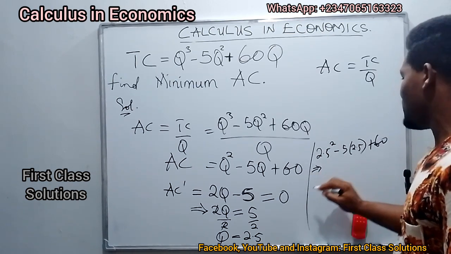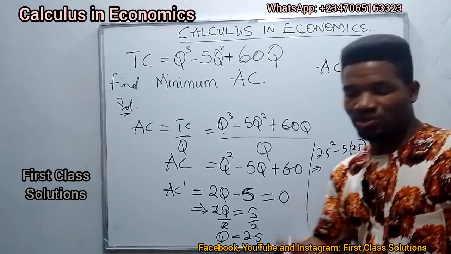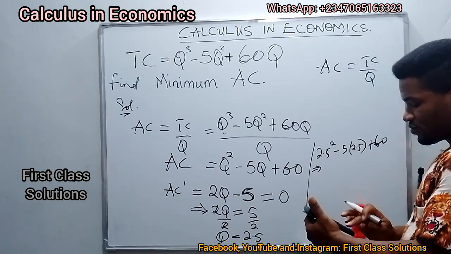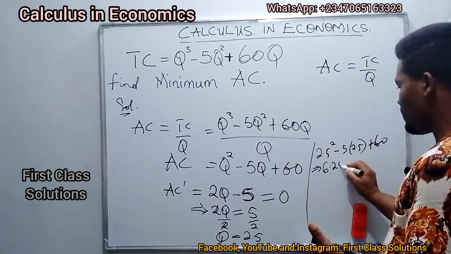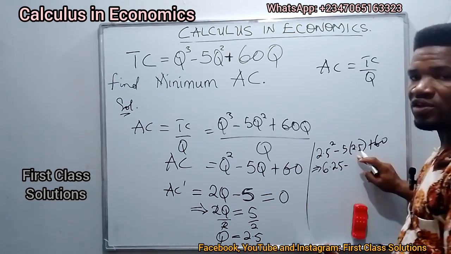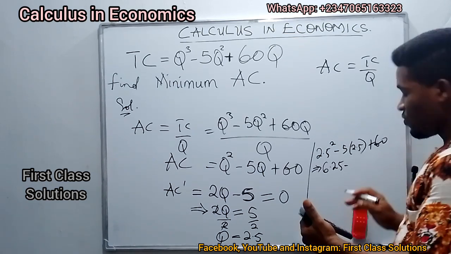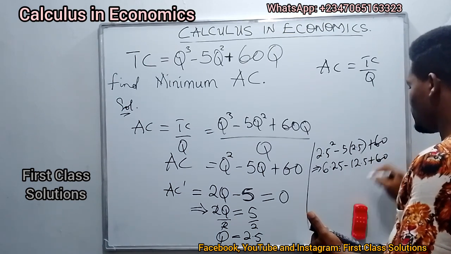So this implies that 2.5 squared is 2.5 times 2.5. Let's use our calculator to solve it out. 2.5 squared will give us 6.25, minus 5 times 2.5. 2.5 times 5, we have 12.5, plus 60.